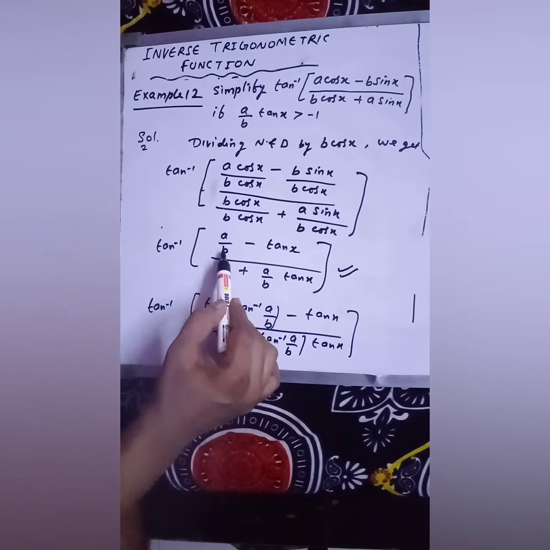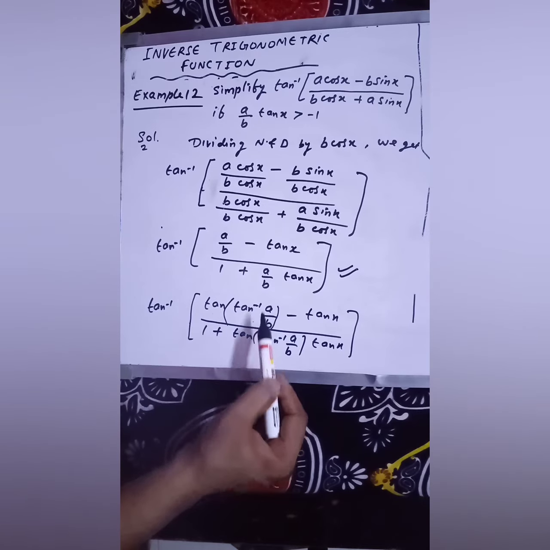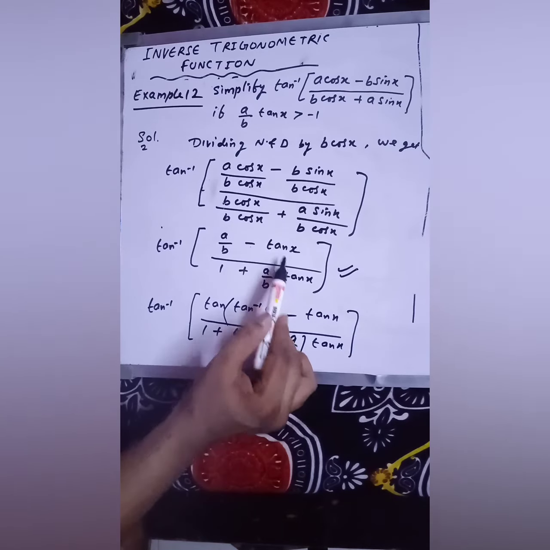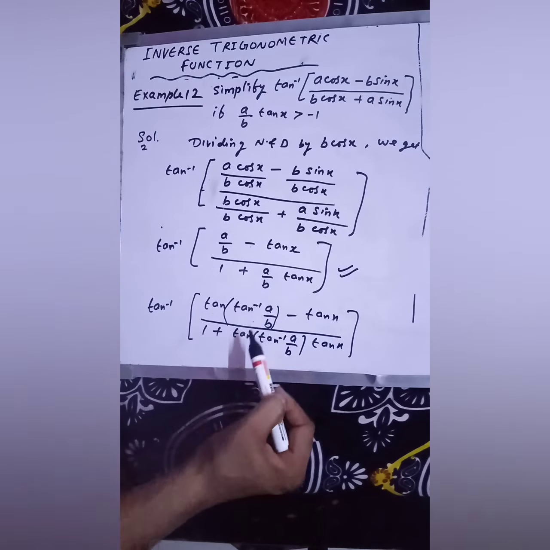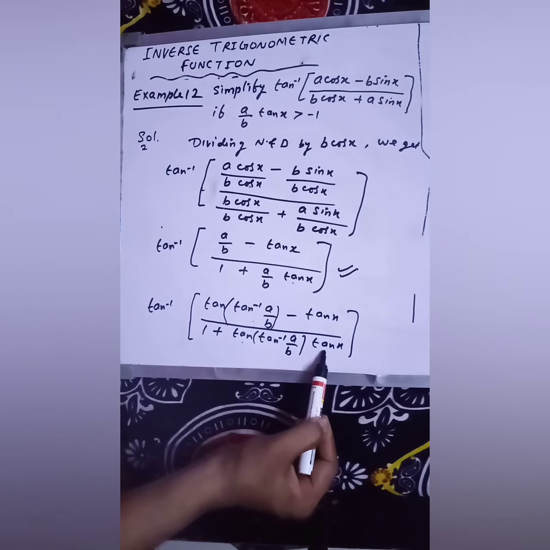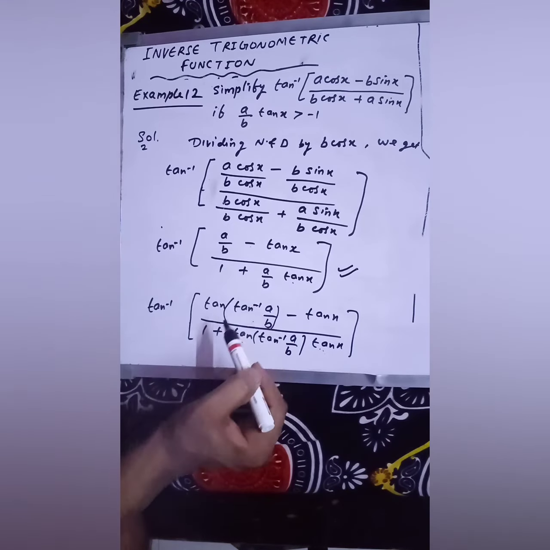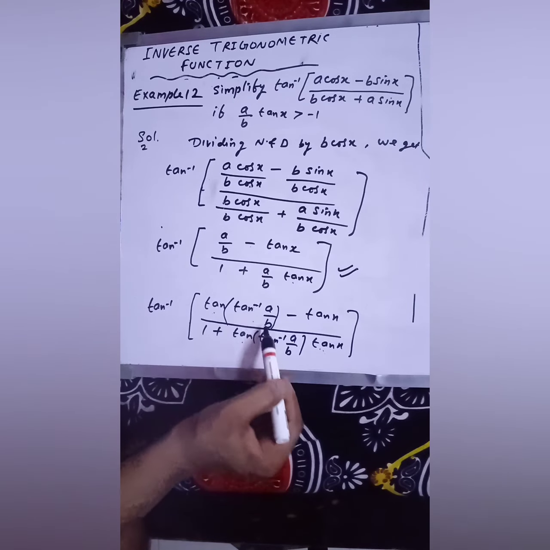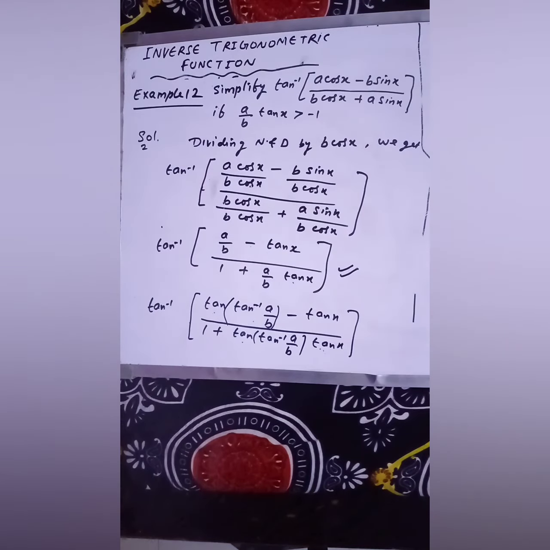So I can write: tan inverse a by b minus tan x over 1 plus, in place of a by b again tan inverse a by b, and this tan x. Now is it clear? The most important thing to keep in mind is that a by b can be written as tan of tan inverse a by b.